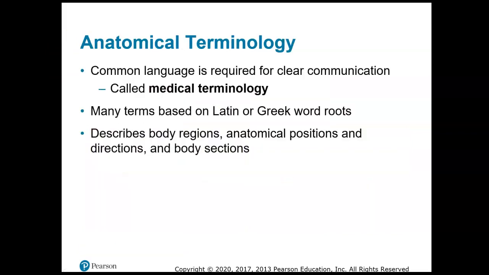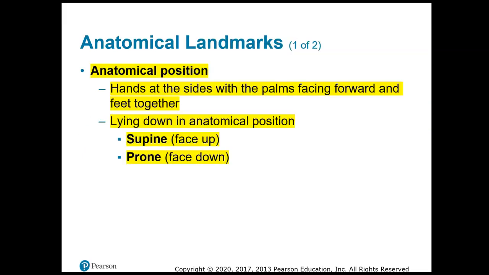Now we're going to go on to the section that's known as medical terminology or anatomical terminology. The first thing that you absolutely need to know, because if you don't know this, then you're kind of lost when it comes to structures that we talk about, that you read about in the text.